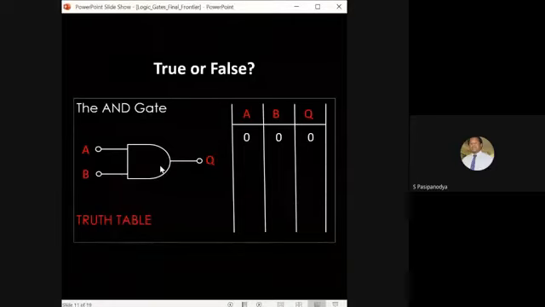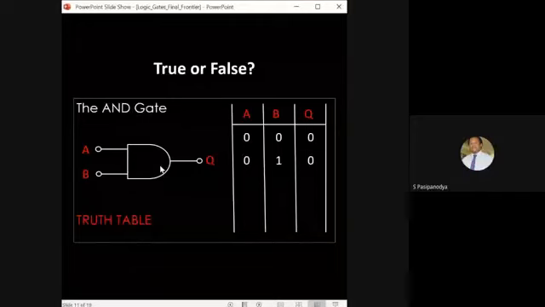If our A is false, our B is false, the output value also becomes false. If our A is false, our B is true, what becomes the output value? It becomes false. Zero.